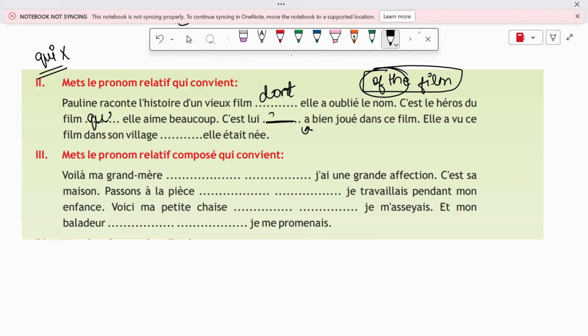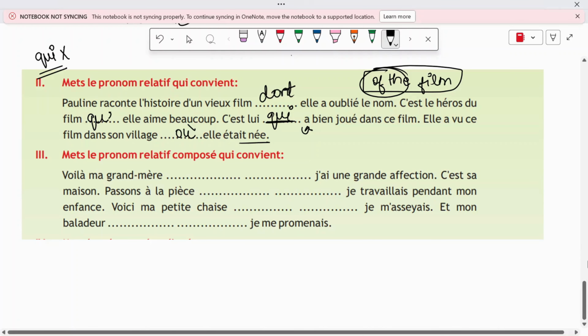C'est lui, this is him, dash a bien joué. After the blank, straight away a verb is there, subject is missing. So we are going to put qui. A bien joué dans ce film, who had played well in this film. Elle a vu, she had seen this film in her village, son village. Dash, elle était née, where she was born, so it will be où.